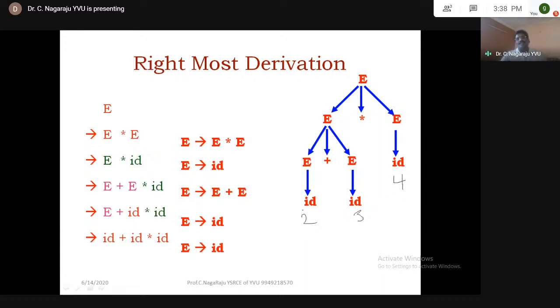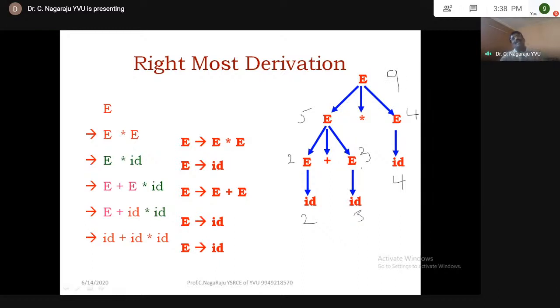Here it takes 2 plus 3, and 2 plus 3 is 5. Then the next one is 4, and 5 into 4 is 20. Here you can get the answer 9.